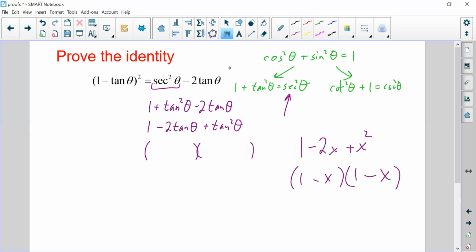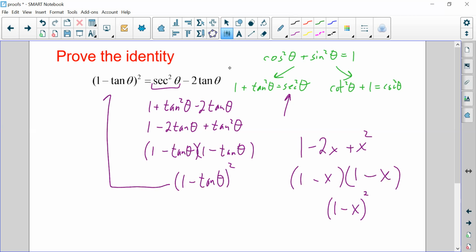They both multiply to plus x squared, and it turns out this is the correct factorization because that gives me my middle term of negative 2x. So same logic here. This is going to be 1 minus tangent of theta times 1 minus tangent of theta. And those two binomials are the same, so I can write that as 1 minus tangent of theta squared. And looky there, it's exactly what I needed.